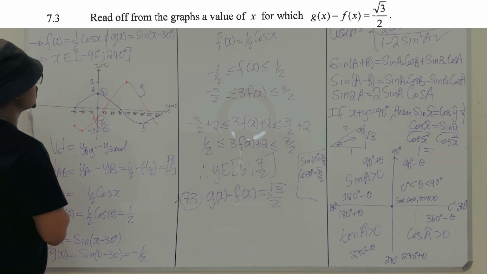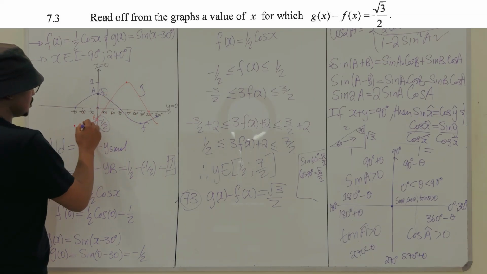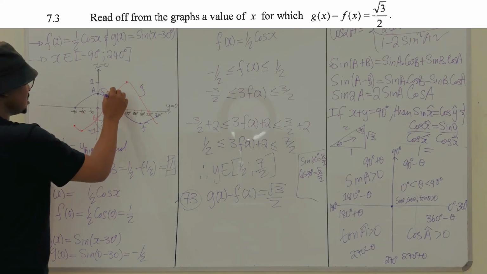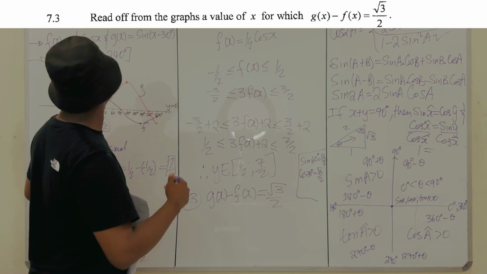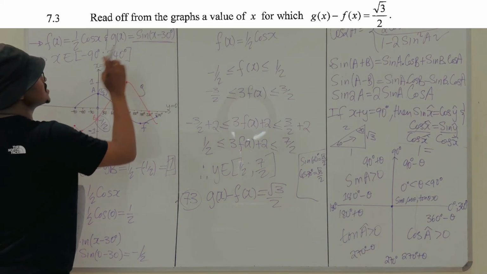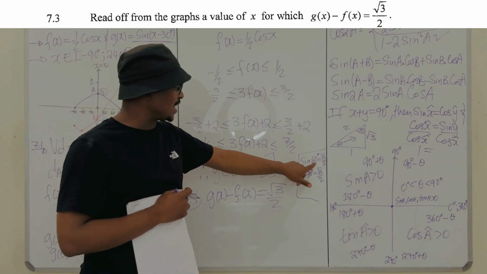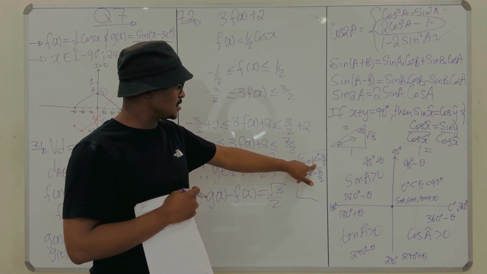So this is our function g, right? On our function g, you can say our function g is defined by sine of x minus 30 degrees. So if we're looking at sine, we want to get something like 60 degrees, right?